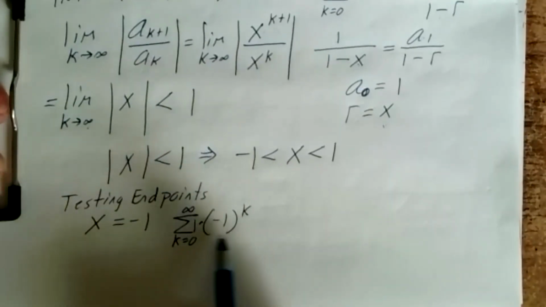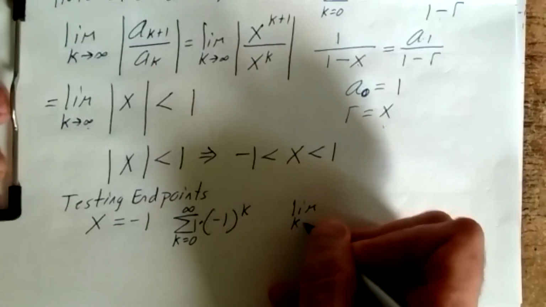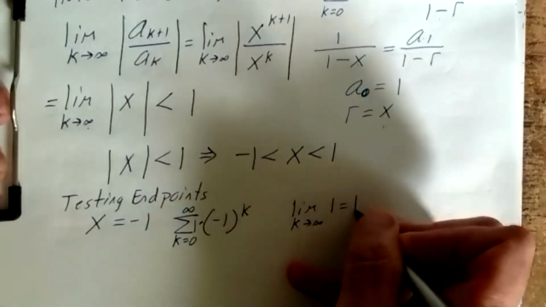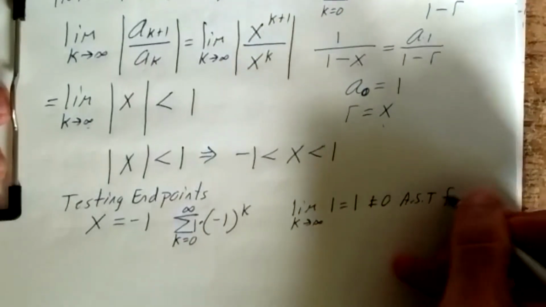This could not be shown to be convergent by the alternating series test because the limit as k approaches infinity of 1 is equal to 1, which is not equal to 0. So the alternating series test fails.